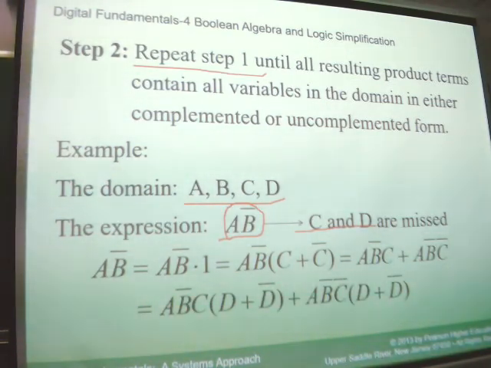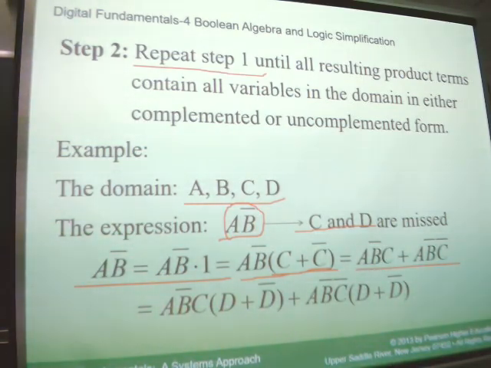This is rule 4. A, B bar equals A, B bar 1. Then 1 equals C plus C bar. And then use the distributive law. We know that this expression equals A, B bar, C plus A, B bar, C bar.